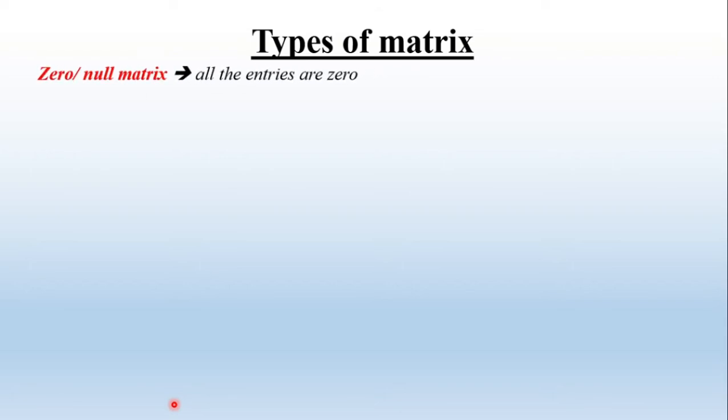Next, types of matrix. There are different types of matrices. የማትሪክስ አይነቶች ምን ናቸው? በጣም ብዙ ማትሪክስ አይነቶች አሉ ማለት ነው። ከነዚህ መካከል የመጀመሪያው zero or null matrix. Zero or null matrix means if all the entries are zero, matrix ሆኖ matrix ውስጥ ያሉ value በሙሉ zero ከሆኑ we call it the matrix is zero or null matrix.